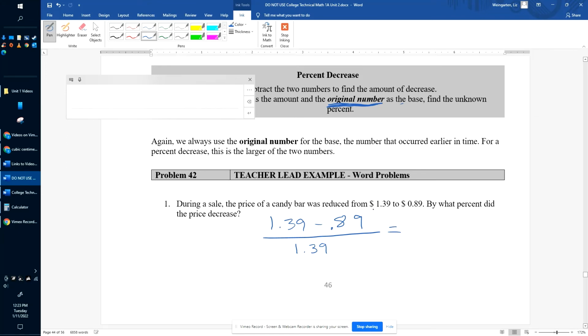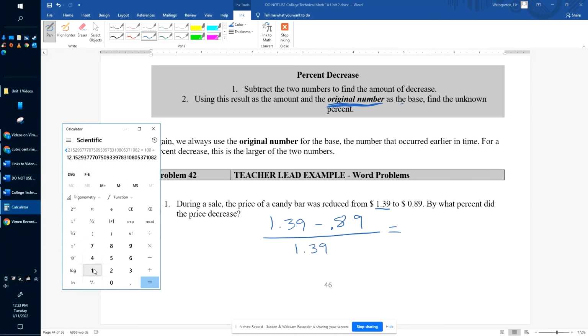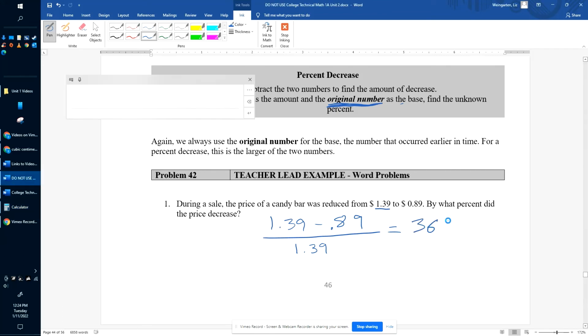Now remember, the original here is $1.39. It's being reduced to 89 cents. That's going to make it different than the one we did previous. Times 100. And we get a 36% decrease.